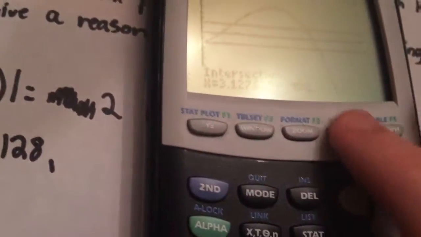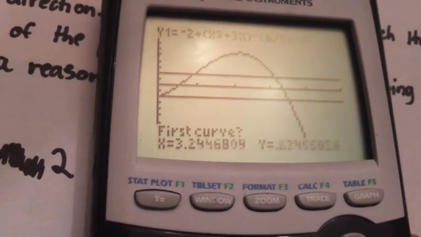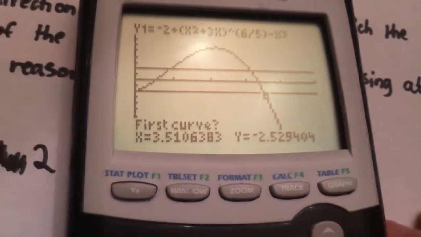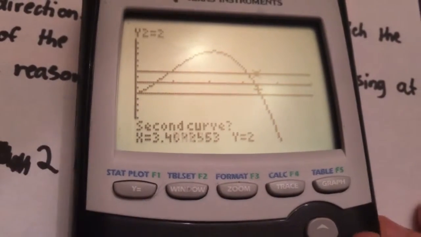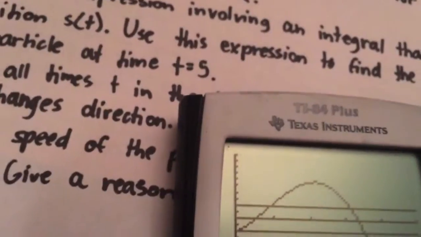And also we have to check for this next value because we have another one farther down. Let's try it again.